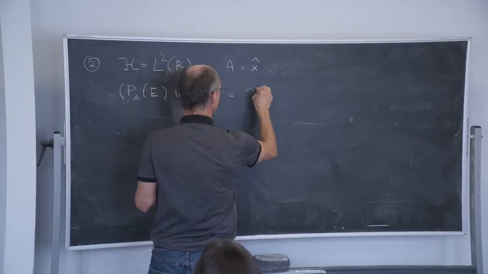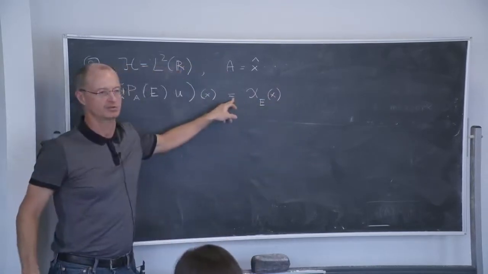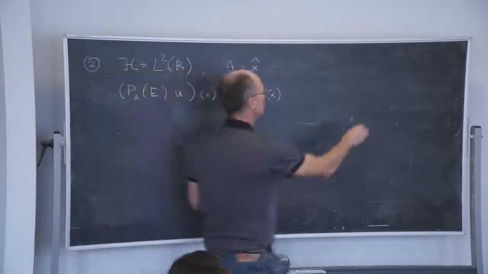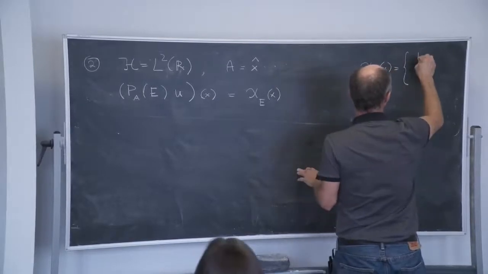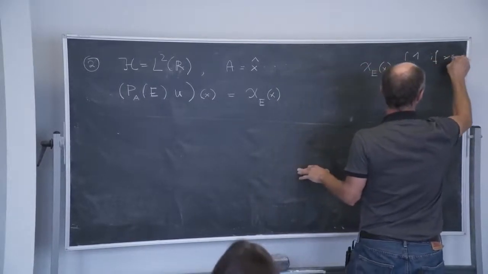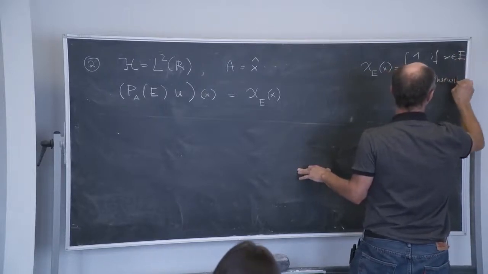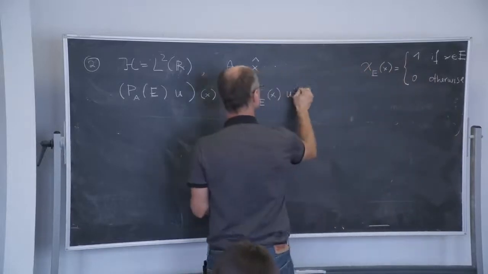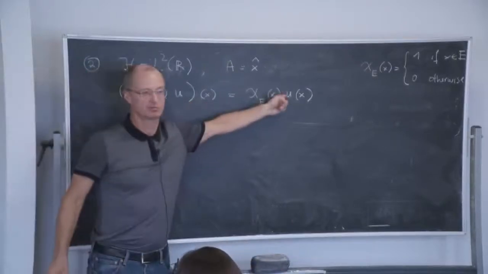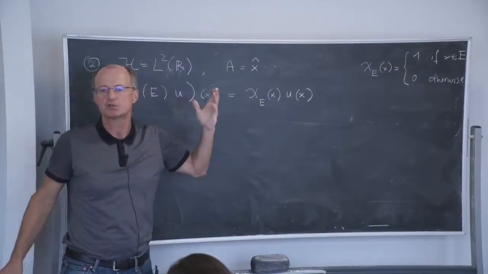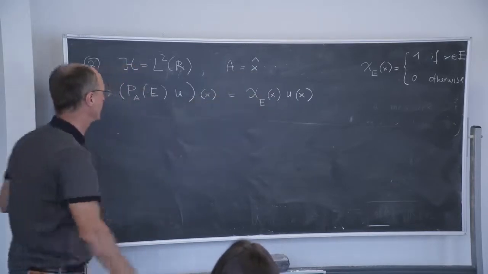So here, let's simply take the characteristic function of E. That's the function which is equal to 1 if x is in E and 0 otherwise, and simply multiply u by this thing. So we already saw that example. I don't know whether you remember it in one of the exercises.